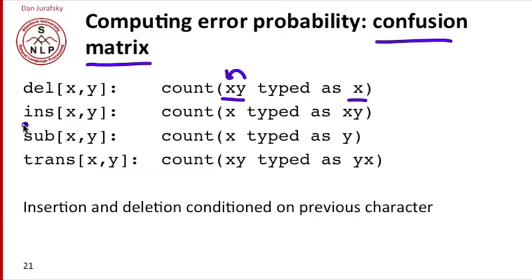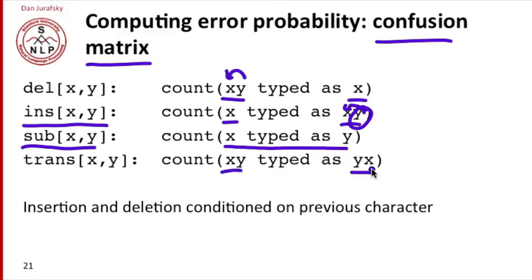We're also going to keep a count, for insertion probabilities, of how often an X was typed as XY. So how often is Y inserted after X? So Y deleted after X, Y inserted after X. Or we'll keep a count for substitutions. How often is X typed as Y? So we meant to type X, we typed Y. That's an XY substitution. Or transposition: how often was XY typed as YX?